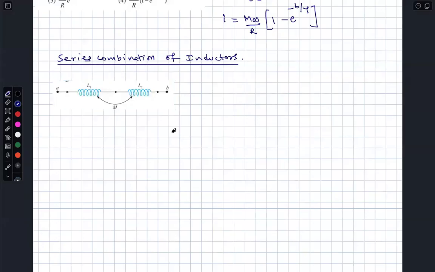In this case, flux are linked such that they are in the same direction. Flux linkage is in the same direction.